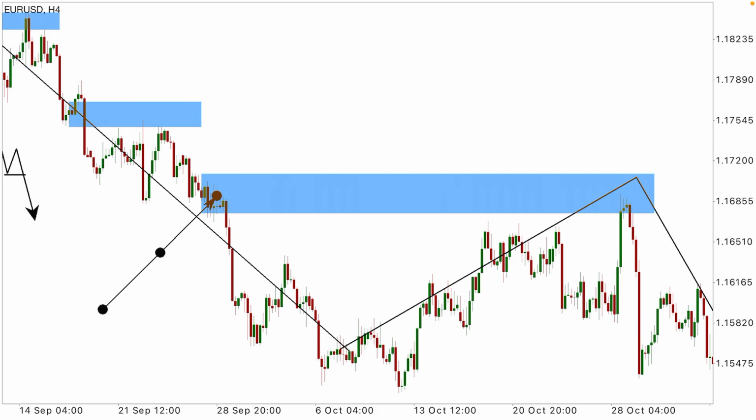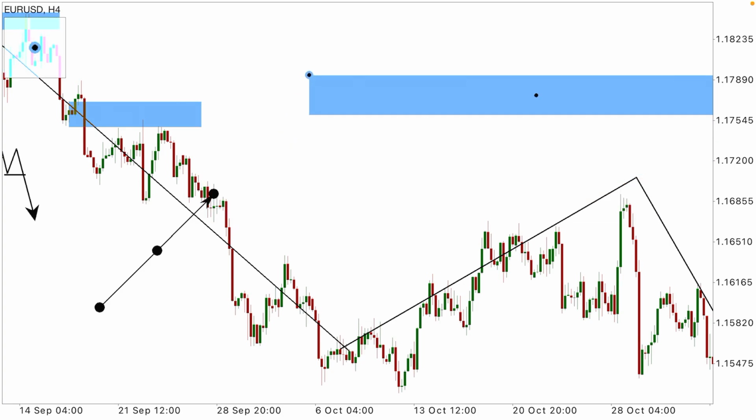Not until after several days. You see, this order block, or rather the bearish order block, or this supply zone, was created on the 28th of September, but price did not come to test it or to mitigate this order.